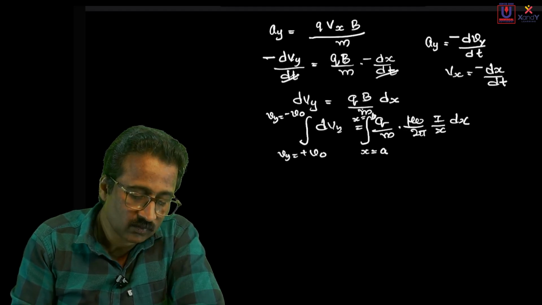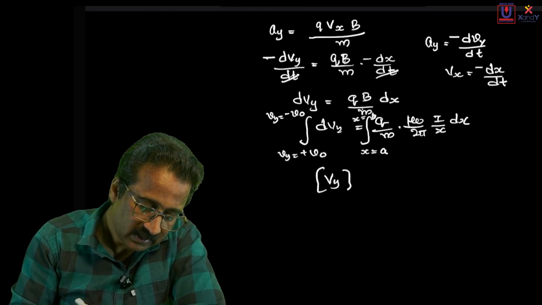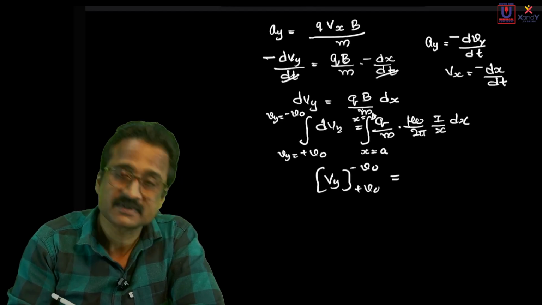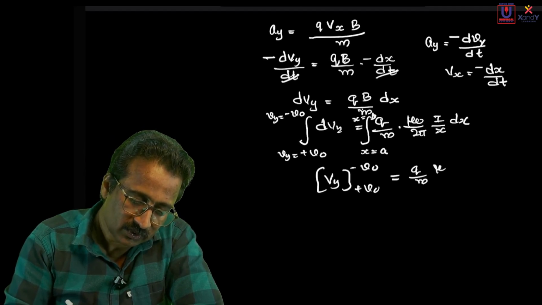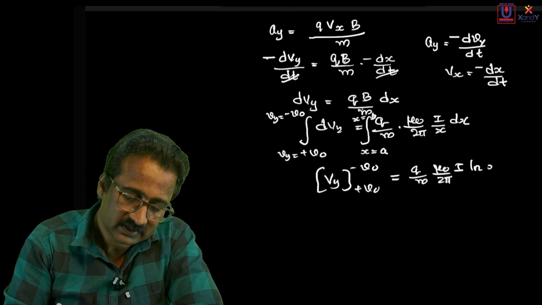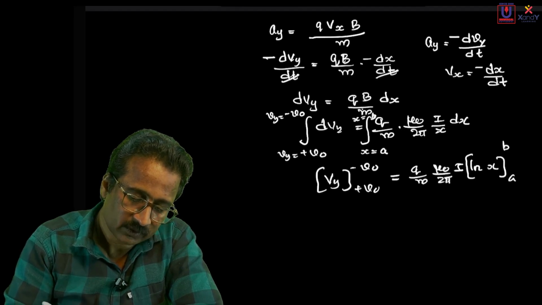Integral of dvy is Vy. So Vy between plus V0 and minus V0, that's the limit on the left side, equal to q by m into mu 0 divided by 2 pi, that into I is also there. Now 1 by x dx, we know that it is log. So it is log x between x equal to a and x equal to b.